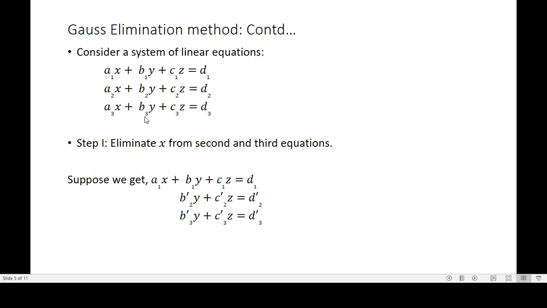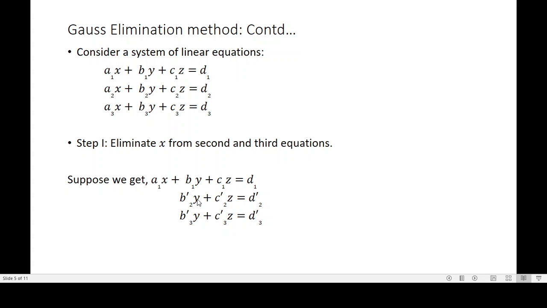Therefore, we have b3'y + c3'z = d3'. Now, these are the new coefficients b2', c2', d2', b3', c3' and d3'. They are all new coefficients. Okay. Now, look at this. a1, b2' and c3' are called pivots or pivot elements. Okay, these are known as pivots.